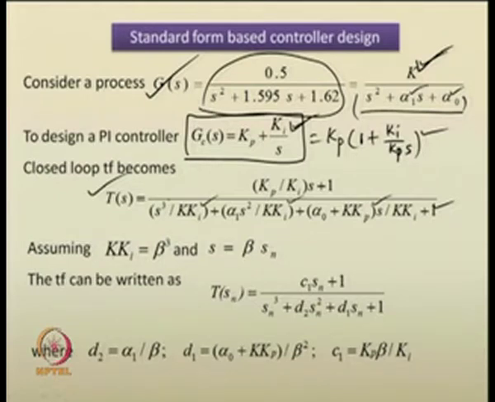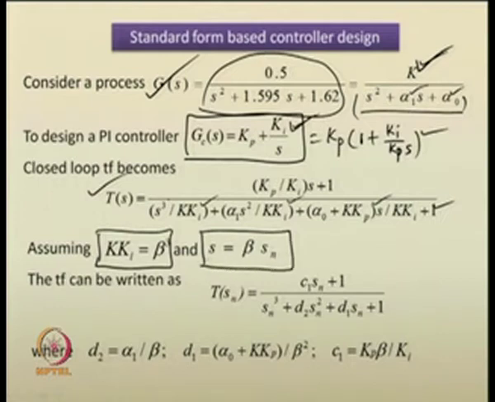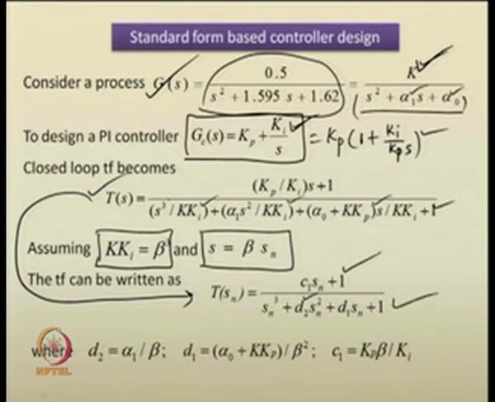Now, assuming k Ki equal to beta cubed and setting s equal to beta s_n, the above transfer function can be expressed as T(s_n) equal to (C1 s_n + 1) divided by (s_n cubed + d2 s_n square + d1 s_n + 1), where d2 equal to alpha 1 by beta.